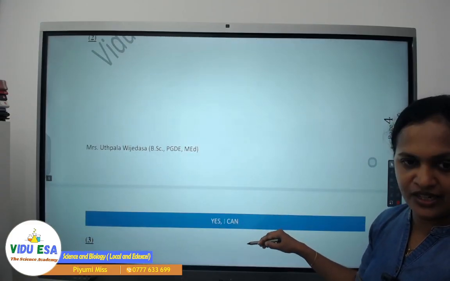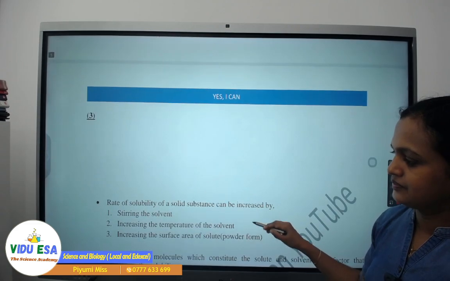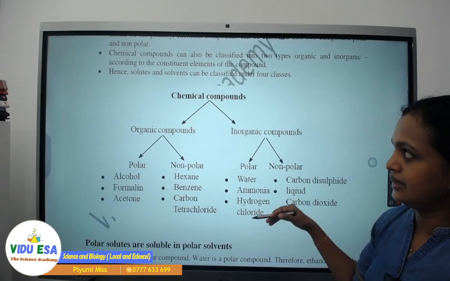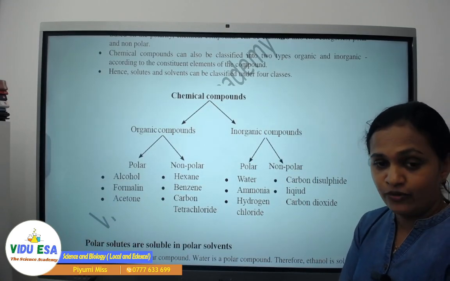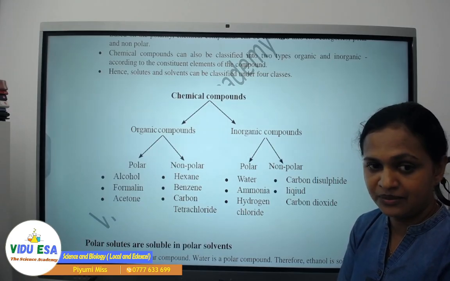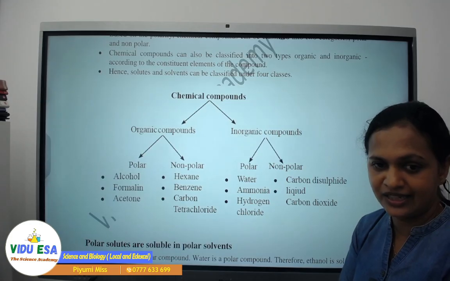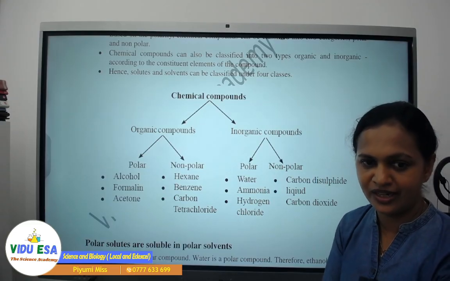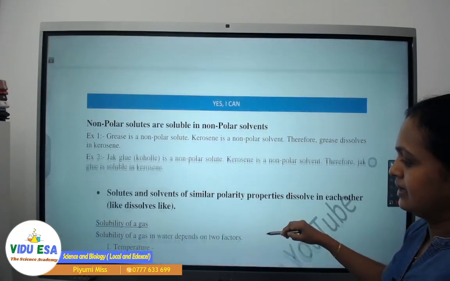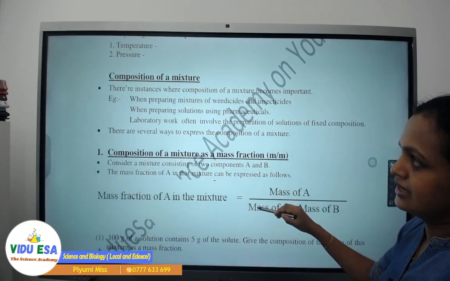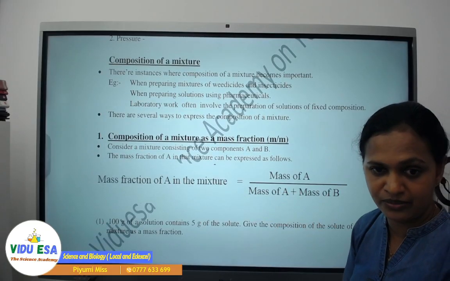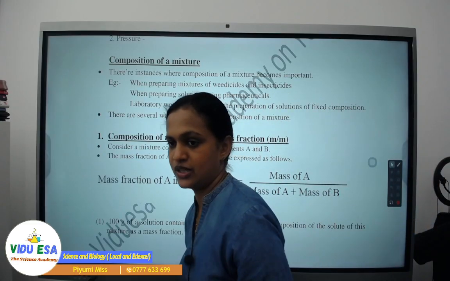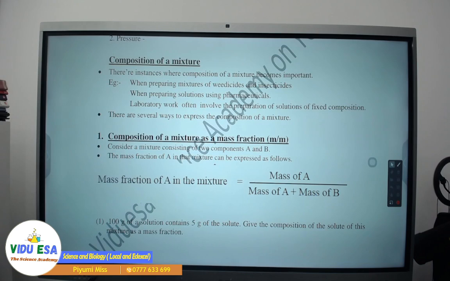The nature of solute, nature of solvent, and the temperature, and the different types of chemical compounds, then how they affect the solubility, right? Like dissolves like: organic, polar, non-polar, inorganic, polar, non-polar. So then we started to discuss the composition of mixtures, right? Composition of mixtures, how the composition affects. What is the importance of expressing the composition exactly?